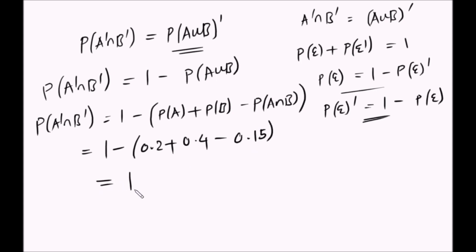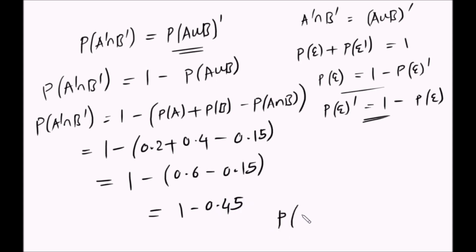Kwa hiyo hii itakuwa ni 1 minus, hii ni 0.6 minus 0.15, ni sawa na 1 minus 0.45. So in the end, the probability that a car chosen at random has an engine and good tires, itakuwa sawa na 1 minus 0.45 ambayo ni 0.55. So this is example 4, and these are the probability axioms and theorems.